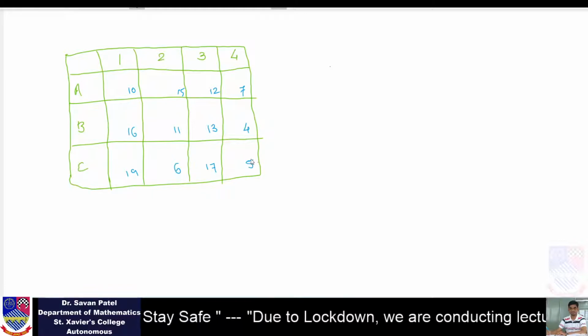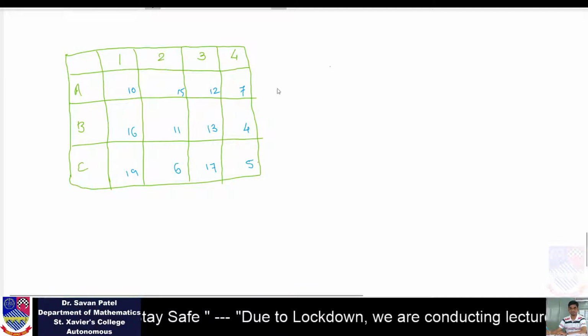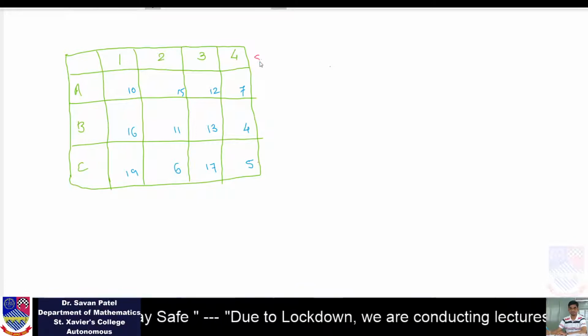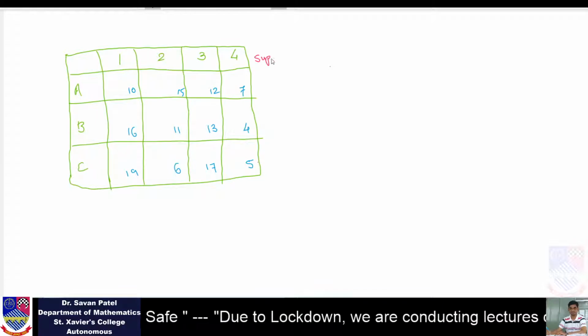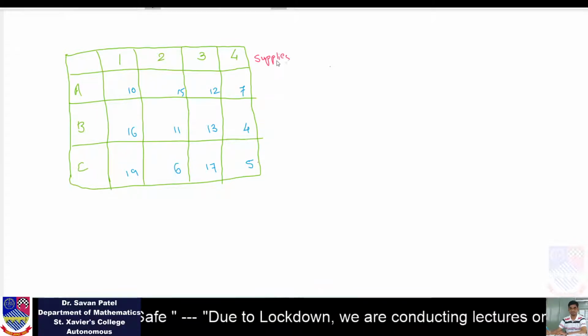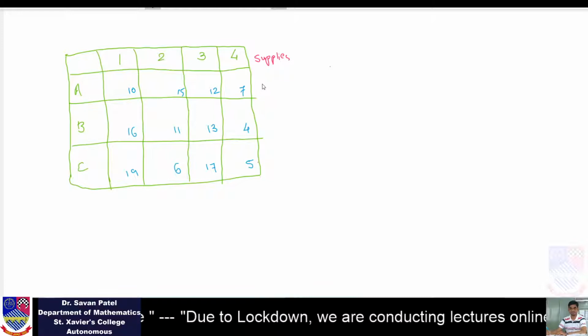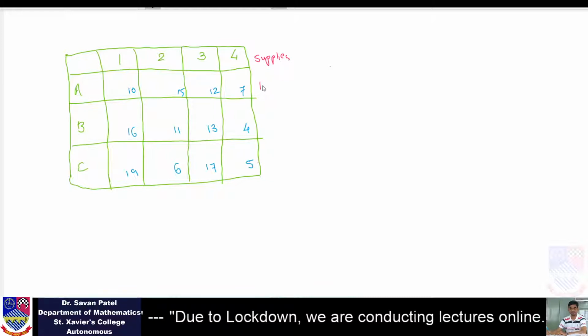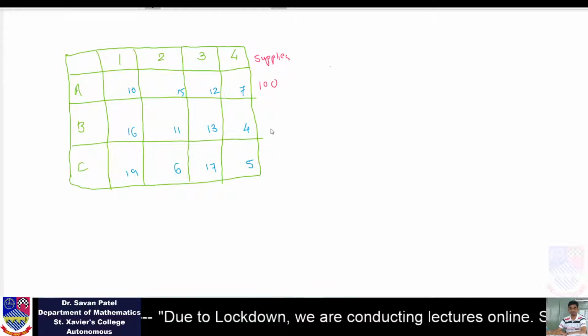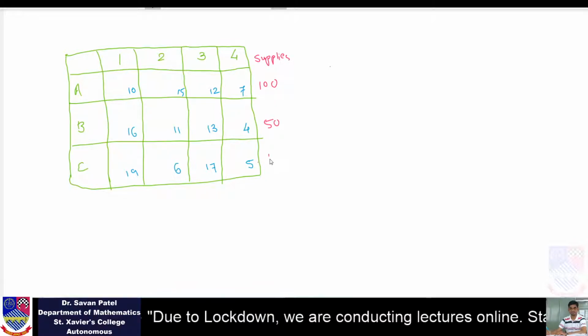And the demands and supplies, I am writing here. From A, the maximum production that we are going to supply is say 100 units, here say 50 units, and here say 150.